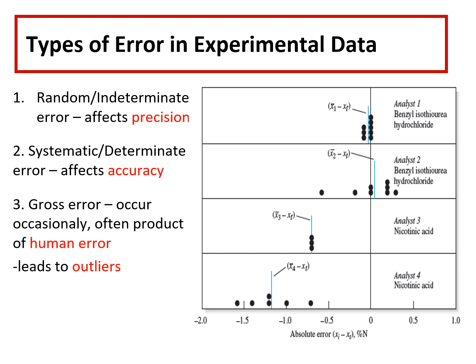But the data of analysts 3 and 4 show systematic errors of about 0.7 for analyst 3, and negative 1.2 here.